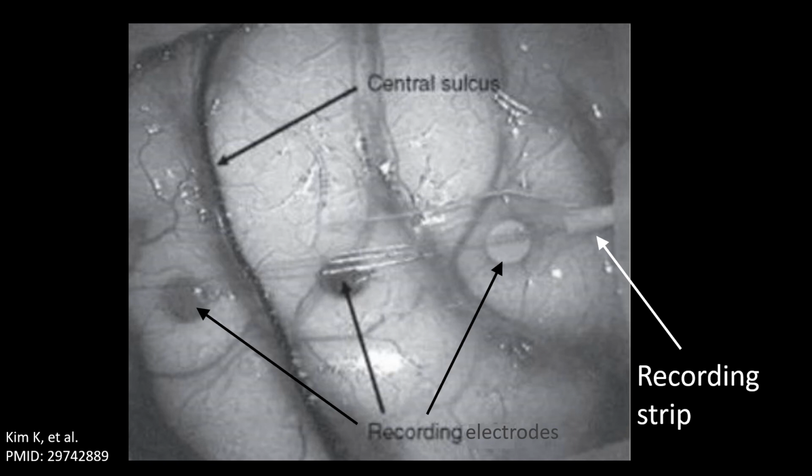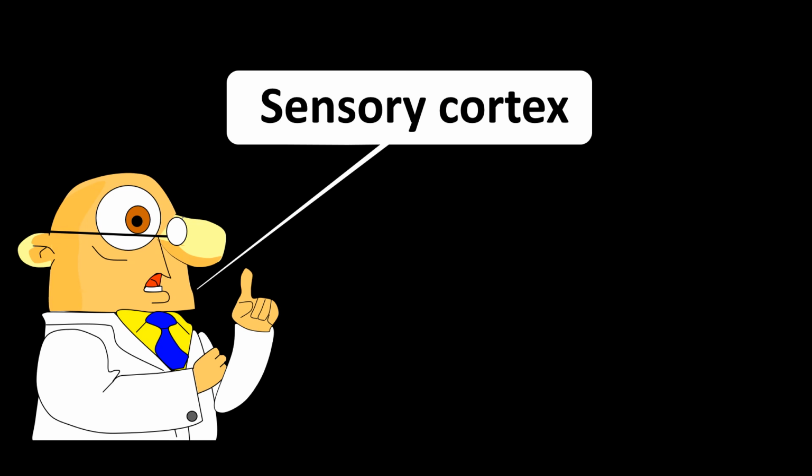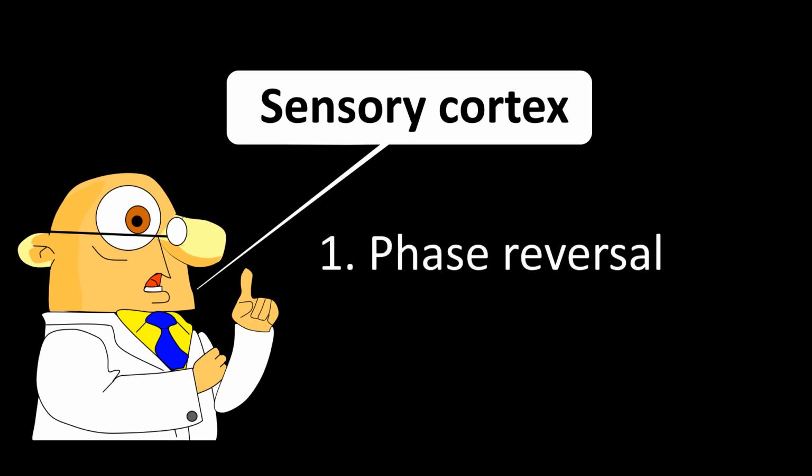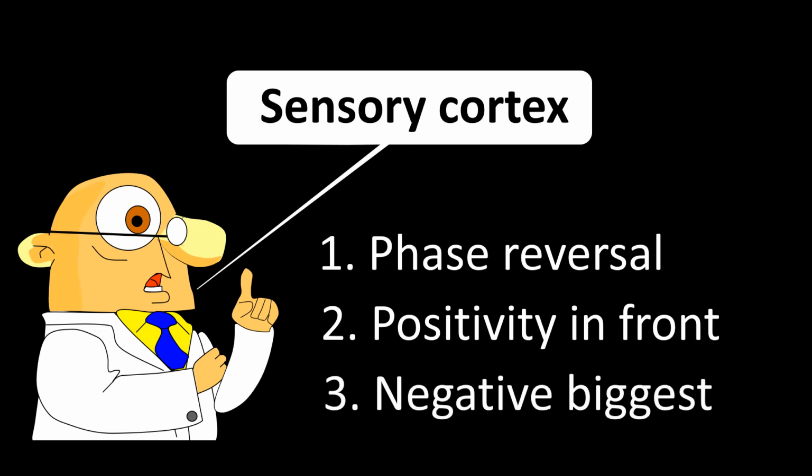In order to perform this test, we do stimulation of the opposite side of the body. These parameters are phase reversal at the sensory cortex, a positive wave appearing in front of the negative wave, and a negative wave being larger than any other wave.